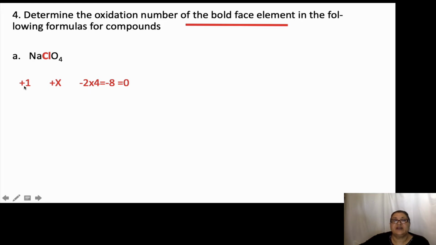So +1 plus x minus 8 equals 0 because the overall charge is 0. Then we solve for x. We add 8 to both sides and subtract 1, 8 minus 1, and that gives us +7. So Na is +1, oxygen is -2, and chlorine is +7.